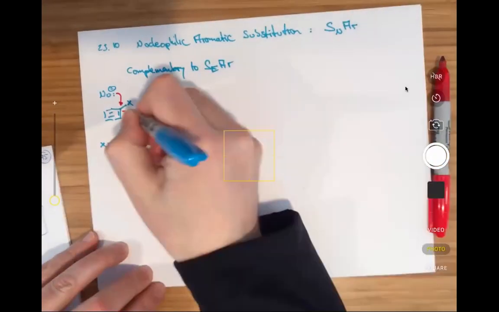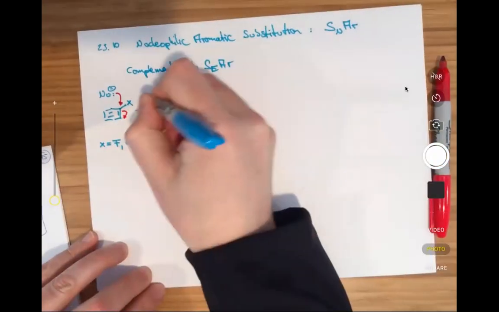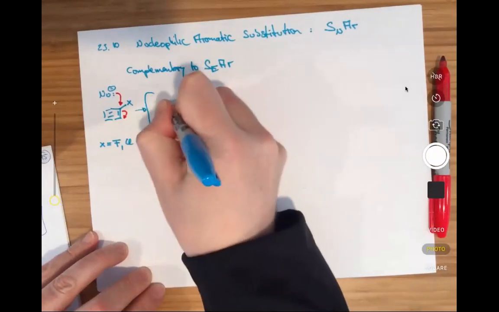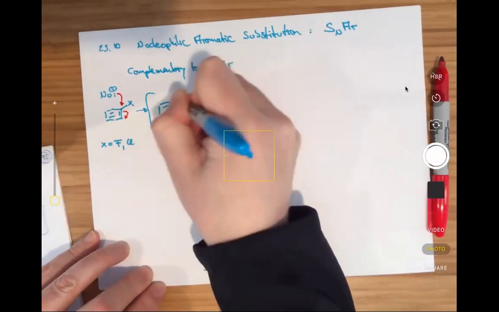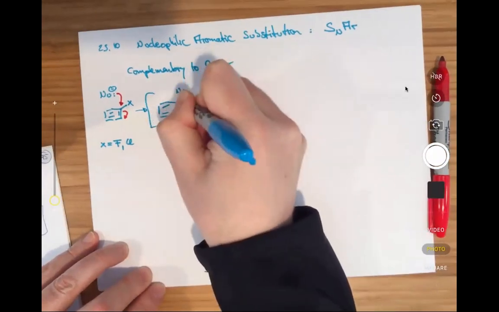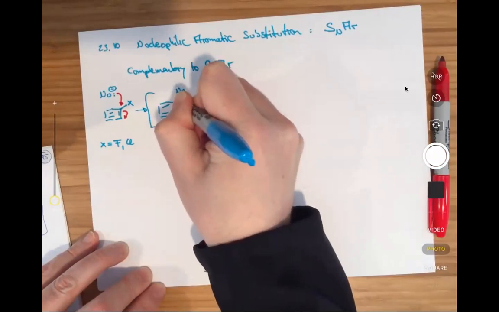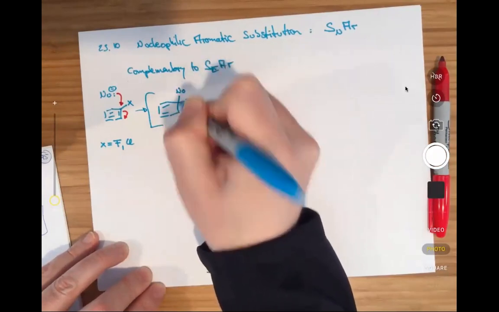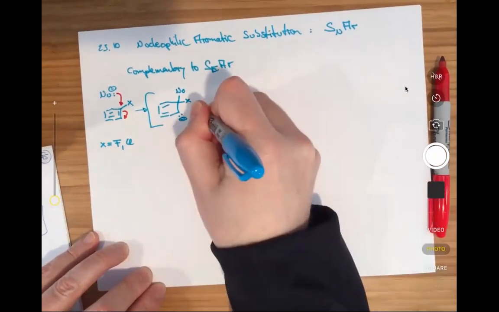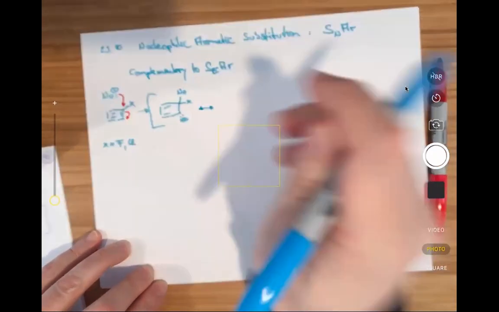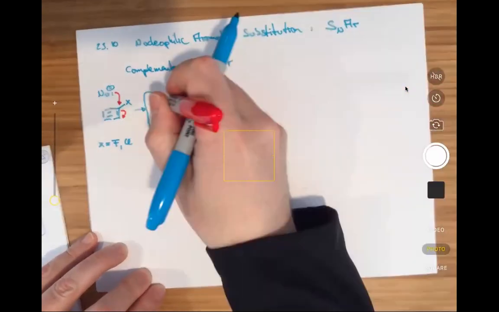Now from that, we can draw our resonance structures again. So if we just start with that, so 1, 2, and then we're gonna have a negative charge over here, and we have a nucleophile, and we have our X group over here.